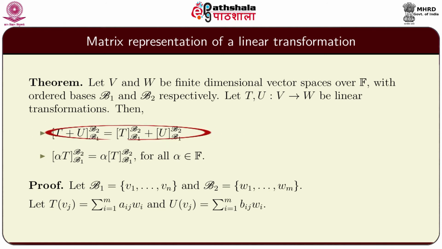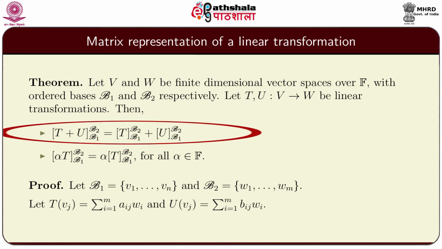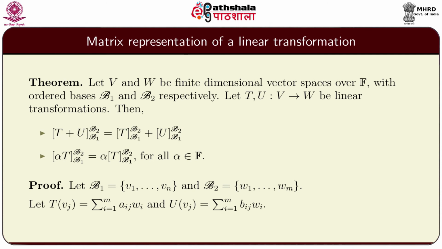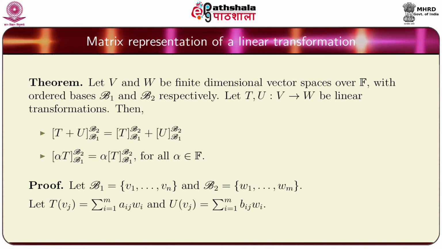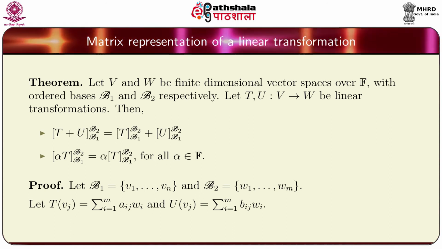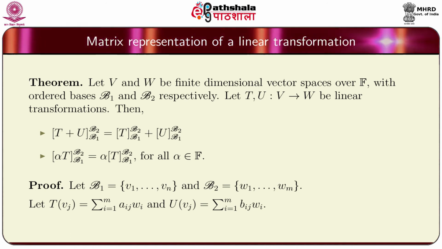we have already seen that T plus U and alpha T are also linear transformations from V to W, and therefore with respect to the choice of bases B1 and B2, they would also have matrix representations. The matrix representation of T plus U with respect to B1 B2 would be the matrix representation of T with respect to B1 B2 plus the matrix representation of U with respect to B1 B2.